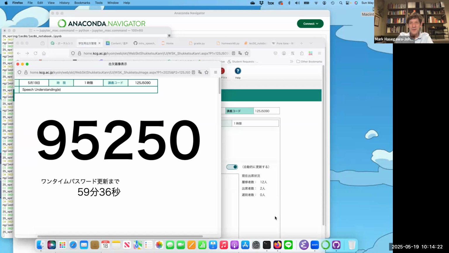Okay, 1 person registered, 2 people registered. Can we make it to 12? Actually, we can't because there's only 11 of us on the call. Can we make it to 10? Let's see. We're still at 2 people. Is anybody else here? 3 people. All right.